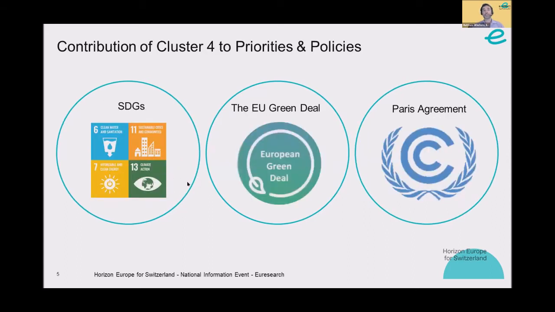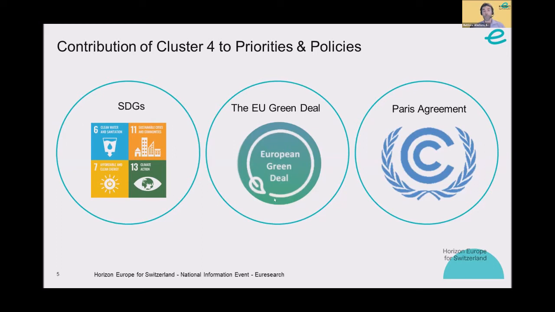So how does Cluster 4 contribute to the most important European and global policies and priorities? For sure, there's a big overlap with the UN Sustainable Development Goals. And here I show the 4 main ones where there is a consistent or a significant overlap. But of course, there are much more overlaps also in other of the Sustainable Development Goals.